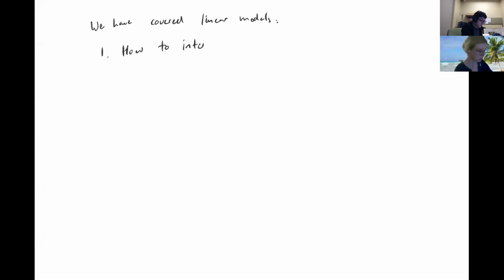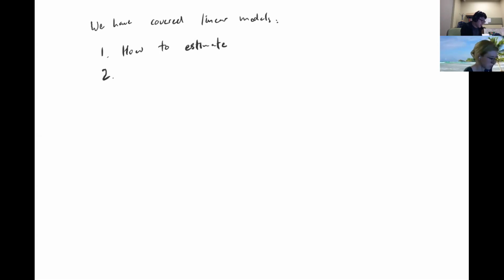So far we have covered linear models. One, how to estimate.